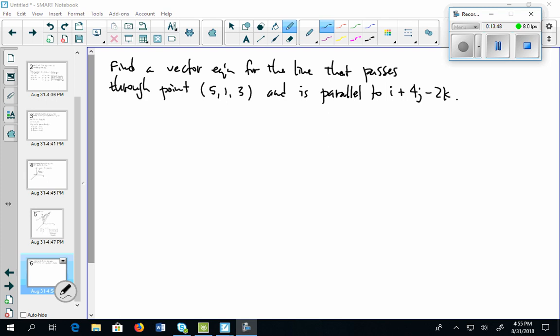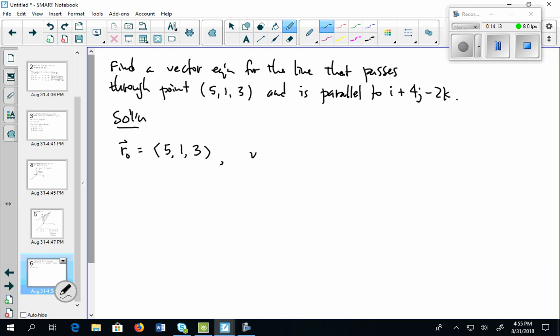All right, so let's find the vector equation for the line that passes through the point (5, 1, 3) and is parallel to the vector i plus 4j minus 2k. So let's begin this here. I'm going to start with the R naught vector. I'm going to use the position vector that points to (5, 1, 3) as a good place to start here.